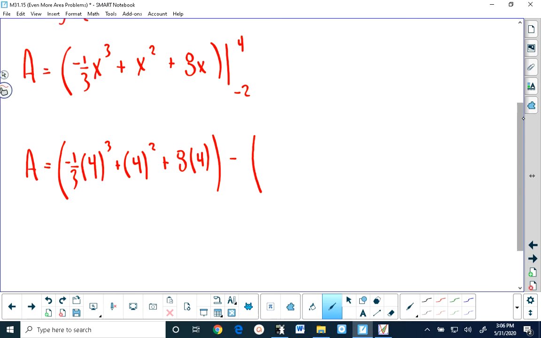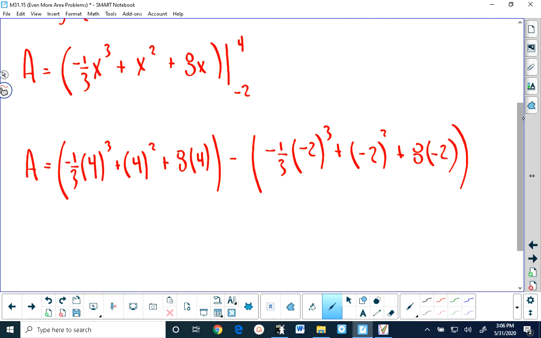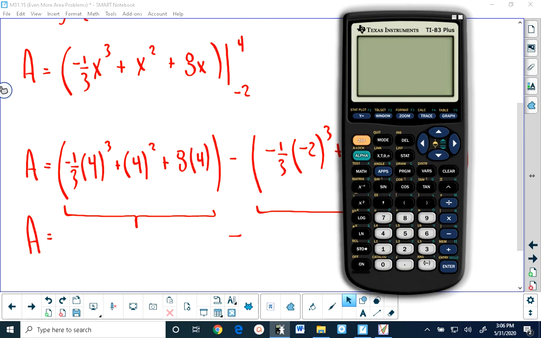Then we're going to have minus the same expression evaluated at negative 2. That's negative 1/3 multiplied by negative 2 cubed plus negative 2 squared plus 8 times negative 2. And now we can calculate each of these. Negative 1/3 multiplied by 64, 4 cubed is 64, plus 4 squared is 16, plus 32.